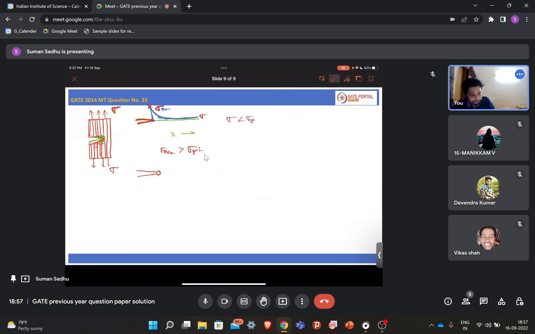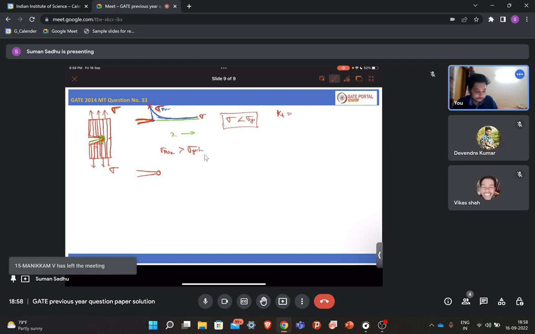Then in the bulk, the material will not deform plastically because the stress there is much less than your yield strength. But although you are applying a stress less than the yield strength, because of the stress concentration, the stress at the crack tip is too high. This is given by the ratio kt, the stress concentration, that is sigma max by sigma. This is stress concentration, not stress intensity factor, and not fracture toughness. So because of this your crack tip will get blunted.